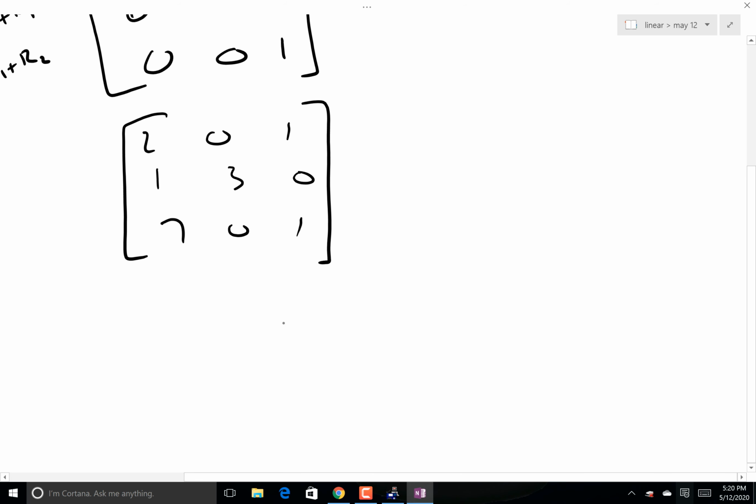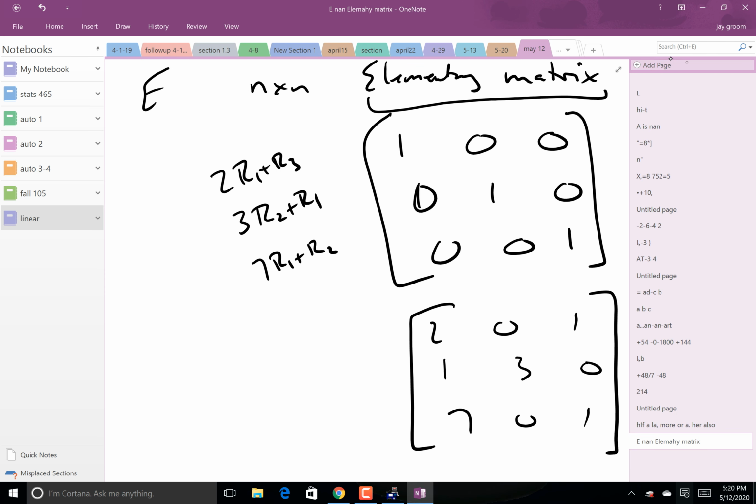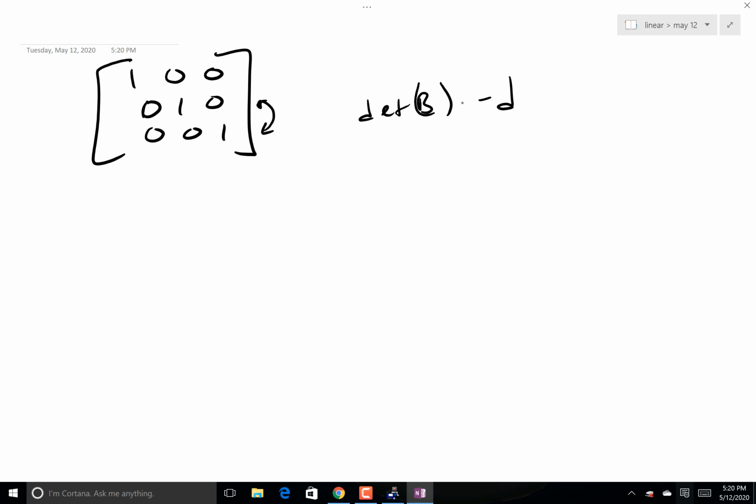Now it's important to remember, for this particular process that we're talking about here, they mean just adding, not multiplying by a constant. So for this particular formula, if I multiply by constants like I was going to do, then when you swap a row, obviously the determinant of B is equal to the negative determinant of A. Obviously, that's straightforward.